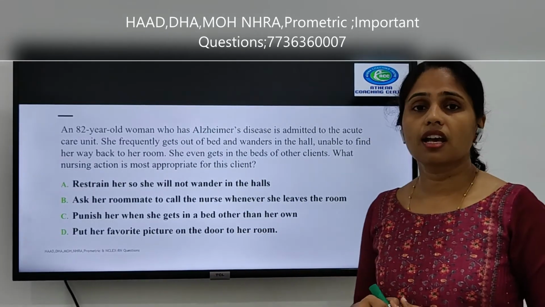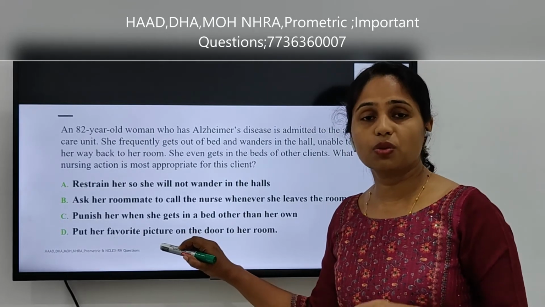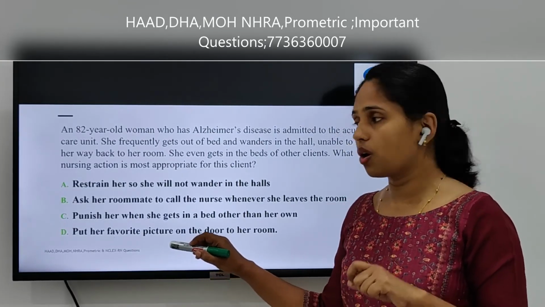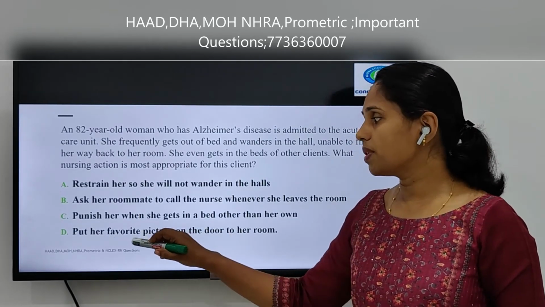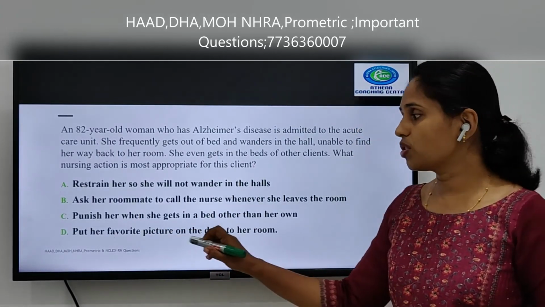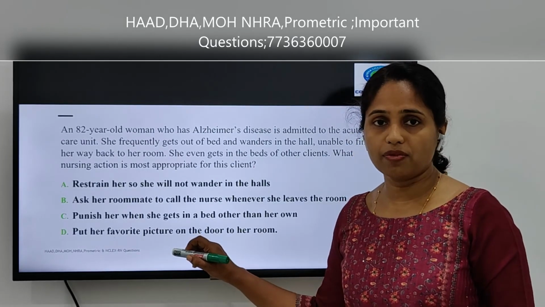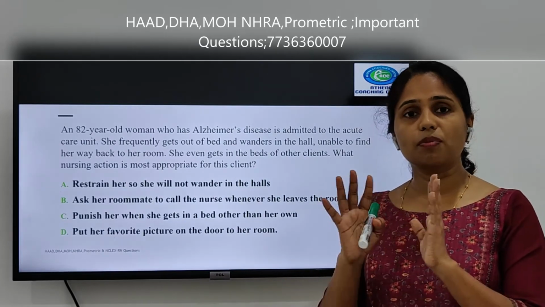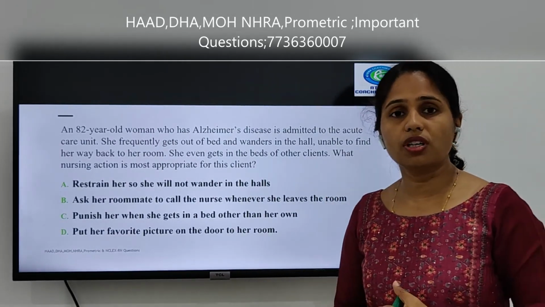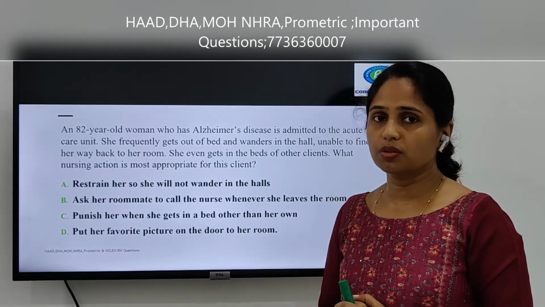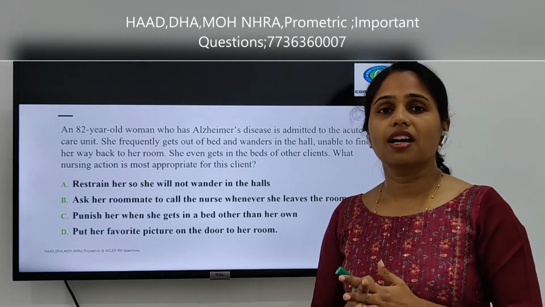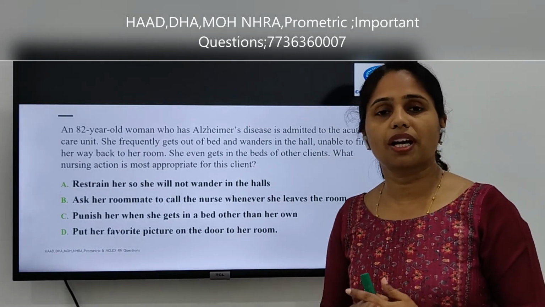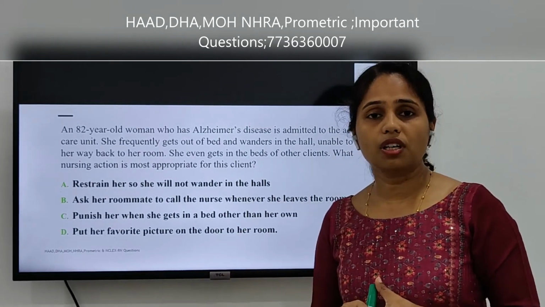Yes, this will help her identify and orient to her room when you keep her favorite picture. So you have to just ask her what her favorite picture is. For example, if her favorite picture is a red rose, you can keep a bunch of red roses in front of her room or on the door, so that when she looks at that, she will get a remembrance, or an idea that, oh, this is my room, and she can get into the room.